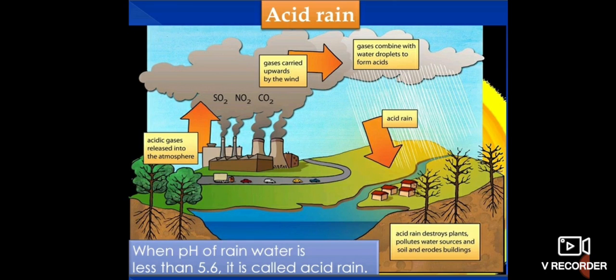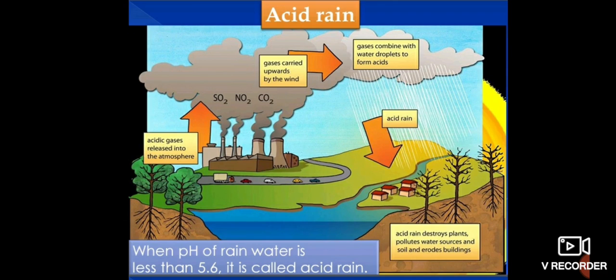So how is acid rain produced? You know that when automobiles and factories liberate gases, they contain sulfur oxides, nitrogen oxides, carbon oxides, and these gases are carried upwards by the wind.